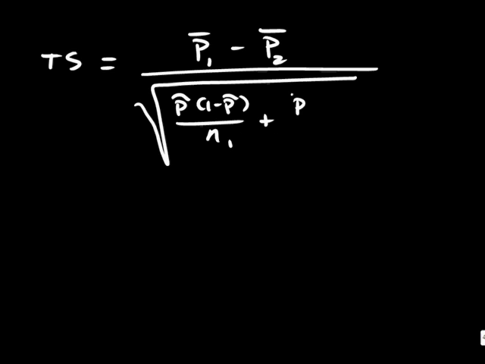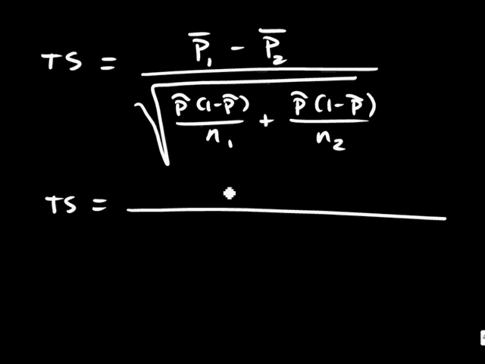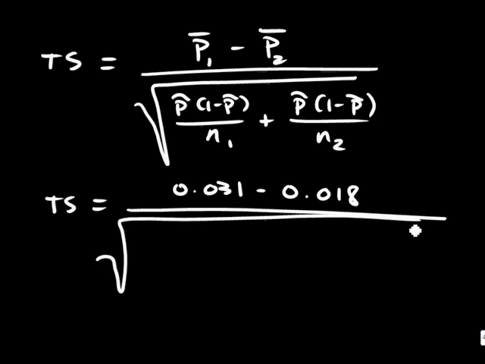So that's 0.031 minus 0.018, over the square root of 0.024 times 0.976 over 1,000 plus 0.024 times 0.976 over 1,200.